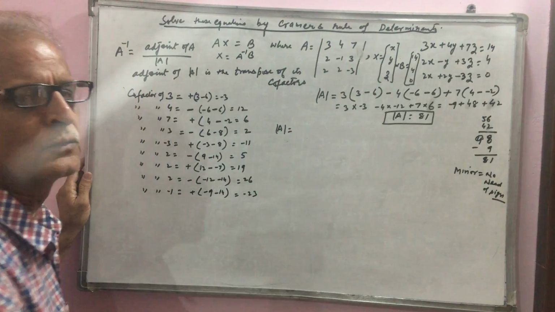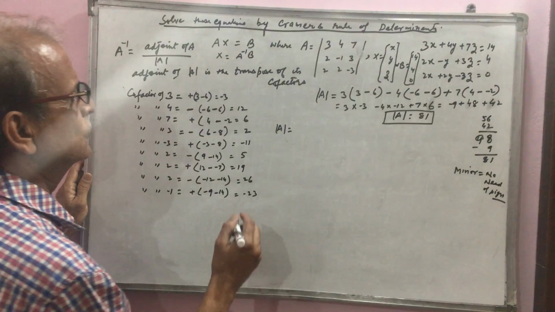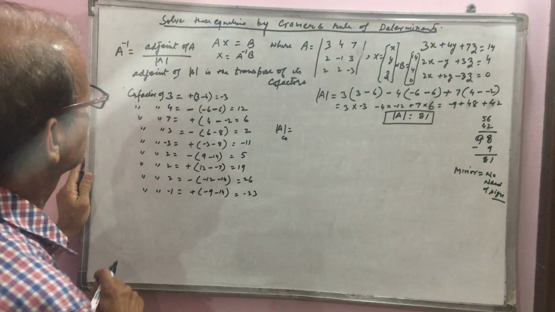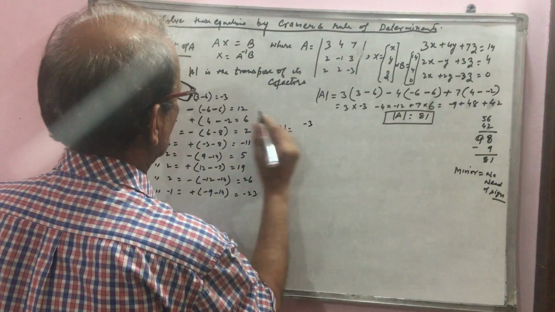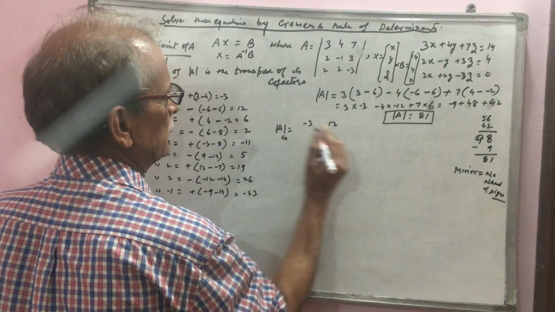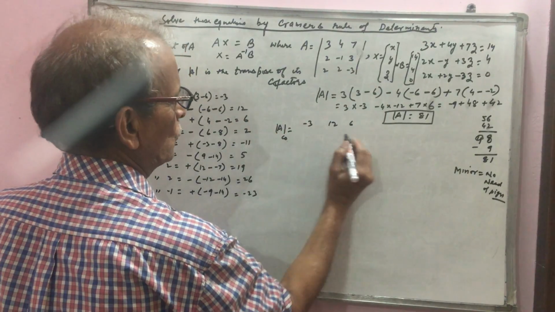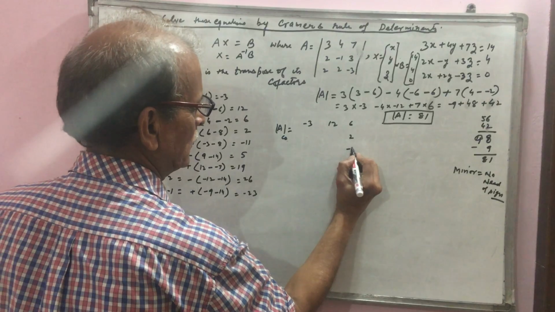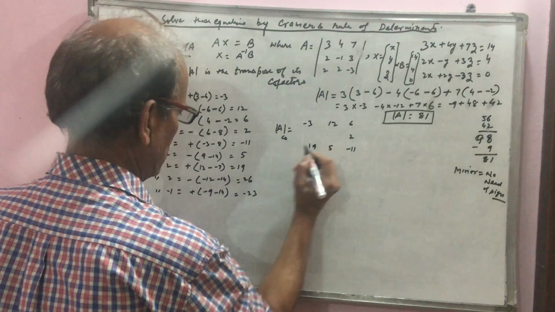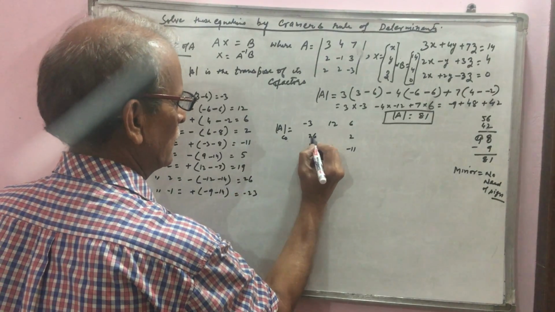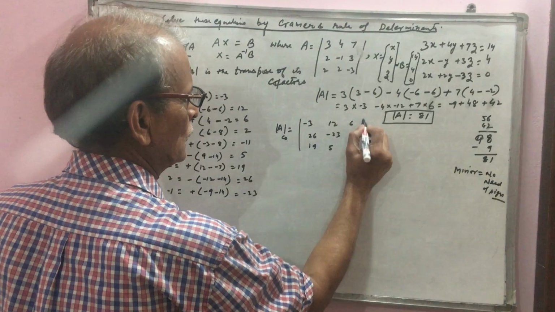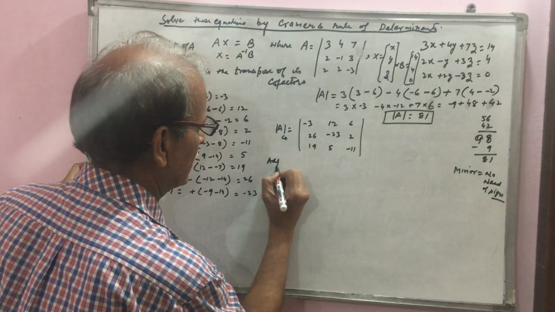In the same way you write the cofactors. So the cofactors of determinant A are minus 3, 12 like this, 6, 2, minus 11, 5, 19, 26 and minus 23.